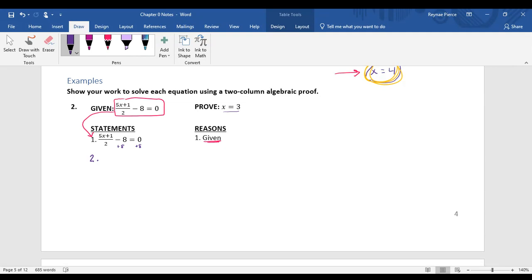But if we add 8 to both sides, that is the addition property of equality, and I'm going to abbreviate that because that's a lot to write. On the left side, I'm left with 5x plus 1 over 2 equals 8.